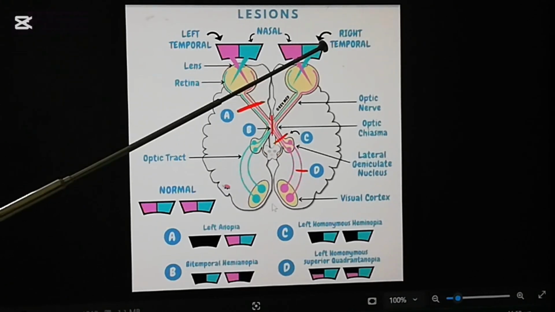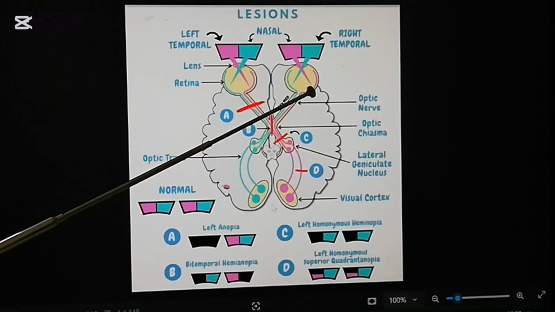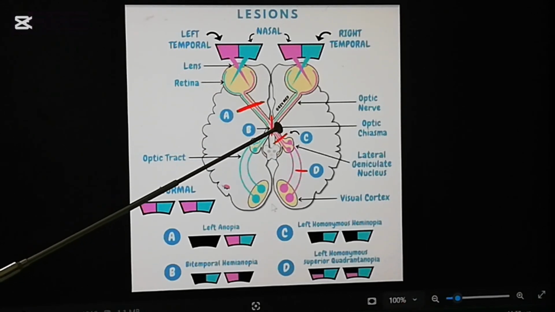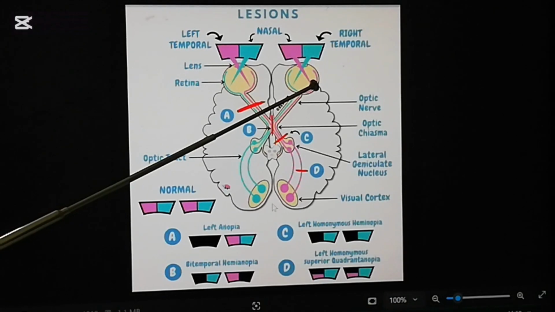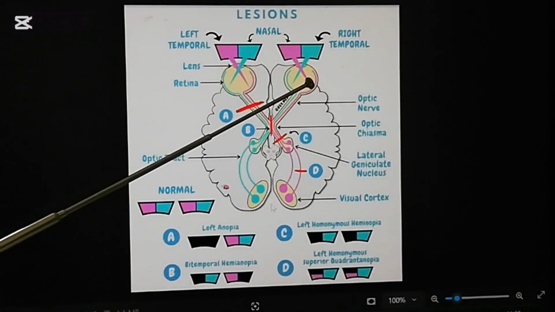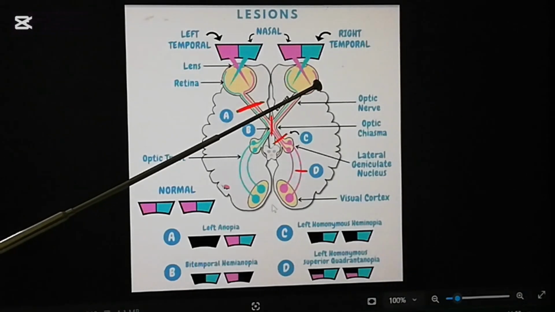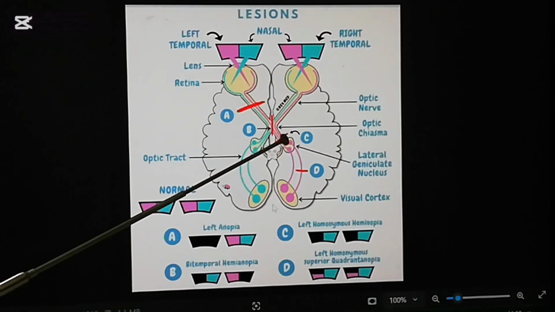And on the right eye, what is happening is that the ipsilateral side, which is running through the optic chiasm, is carrying the nasal visual field information which is hitting the temporal side of the retina, and they are again running in the optic tract.